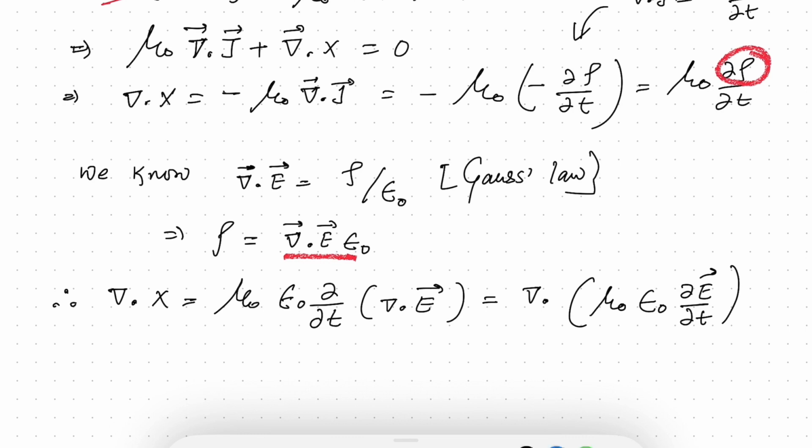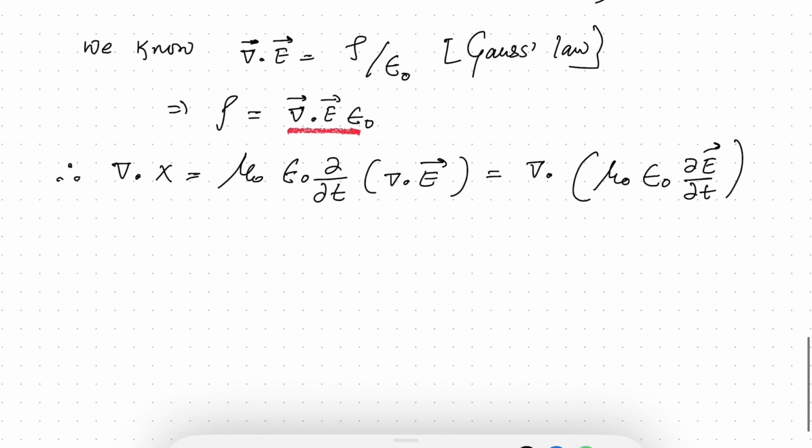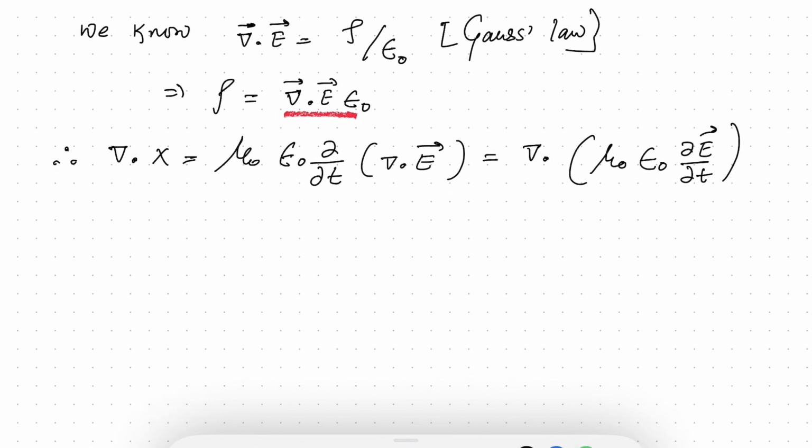Now if you compare both the left hand side and right hand side, then you will get X is equal to mu naught epsilon naught del E by del t.